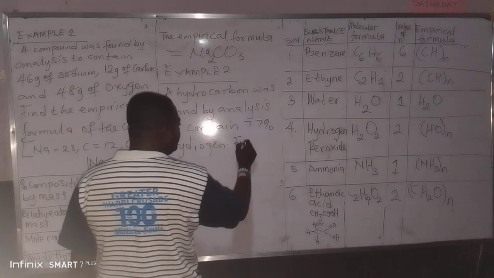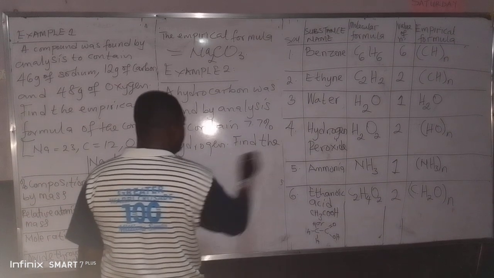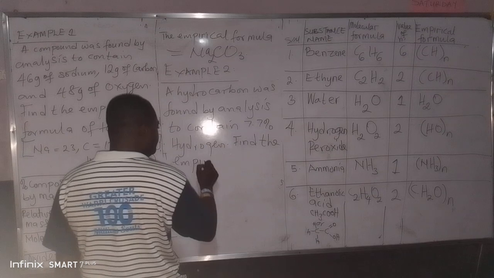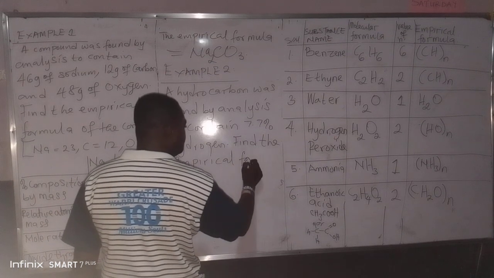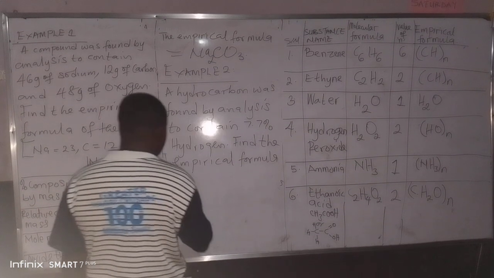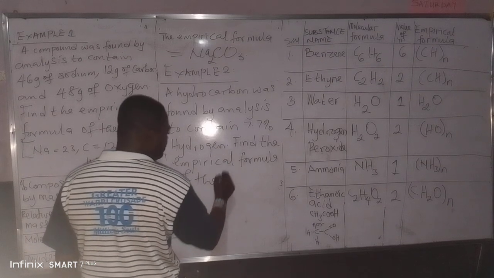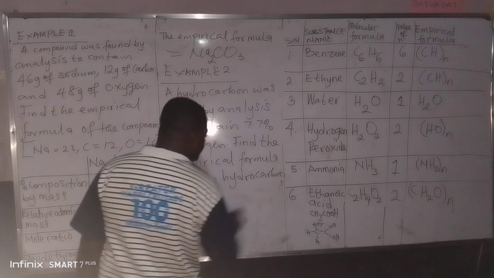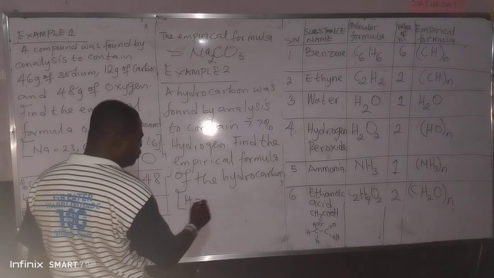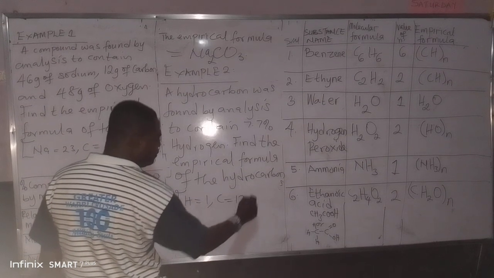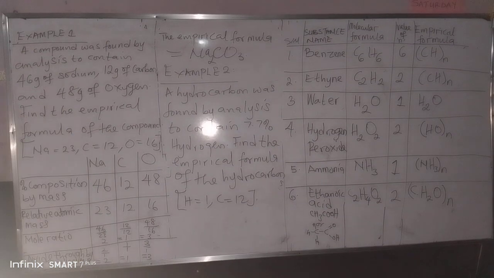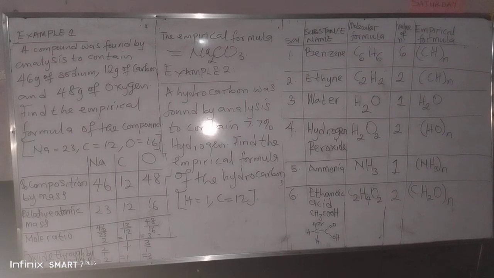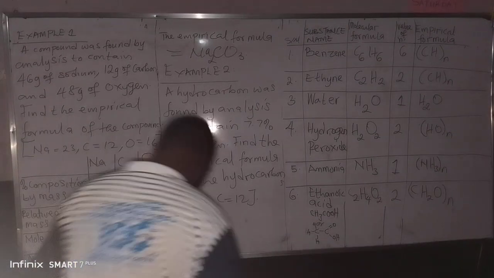Then they now say find the empirical formula of the hydrocarbon. And they give you something like this: H equals 1, C equals 12. Now, what do we do to tackle this problem?